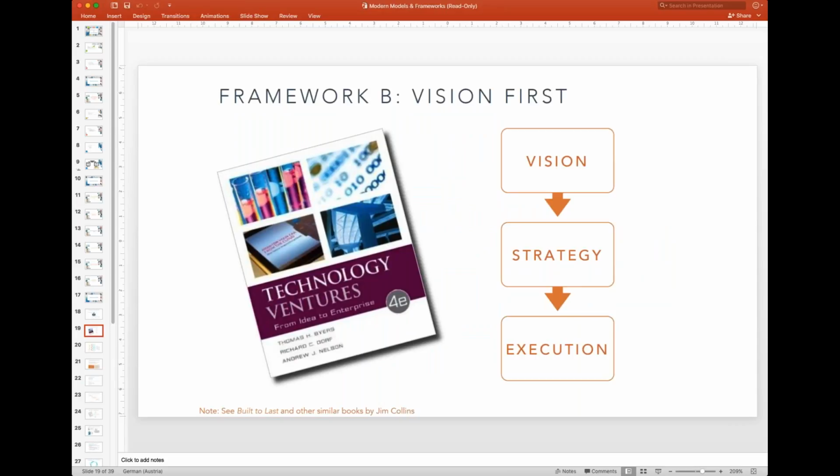This framework by three professors of Stanford, from their book called Technology Ventures, is called Vision First, and it basically sees the venture and the entrepreneur's role in the venture.